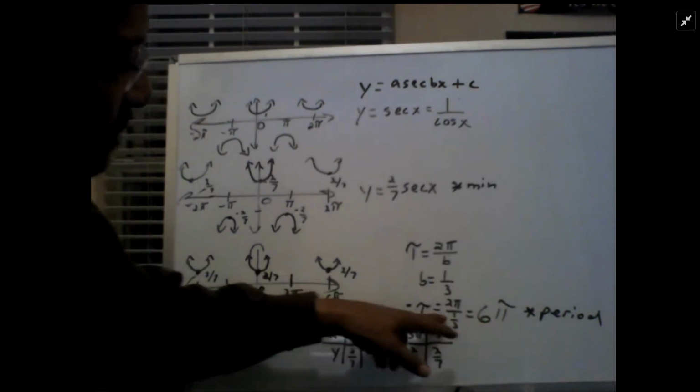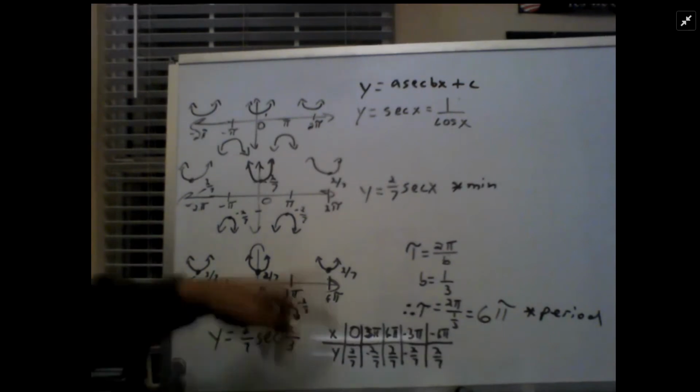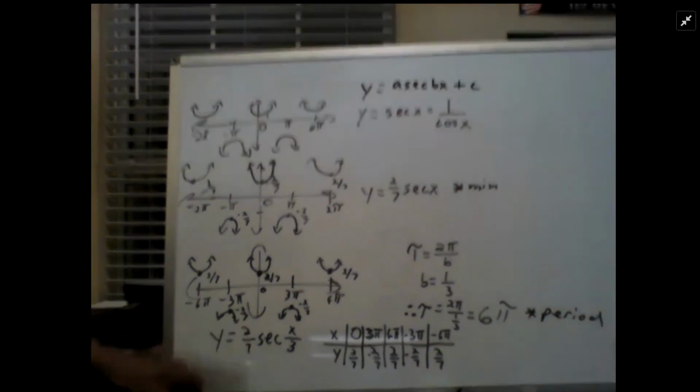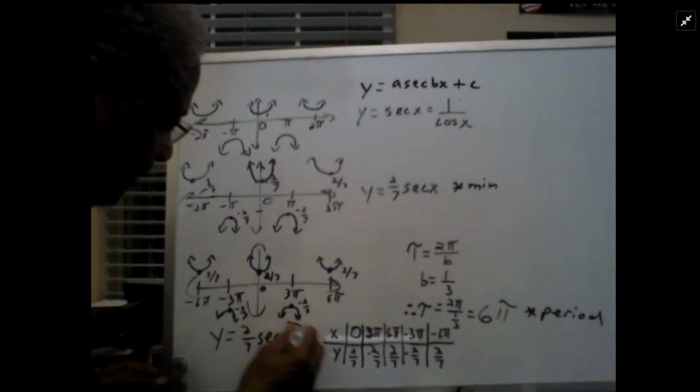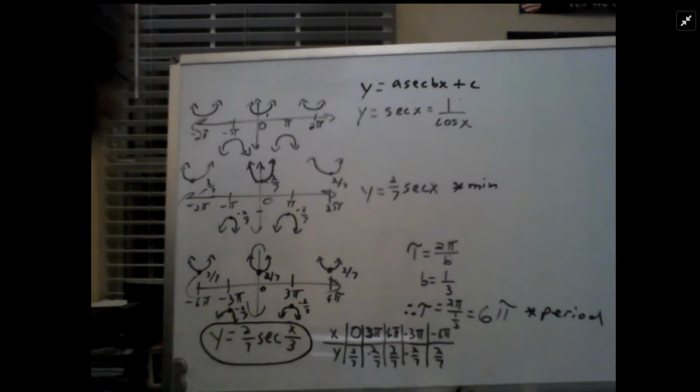So we're assuming that the b is 1/3. So now we have an equation that looks like y equals 2/7 secant x over 3. That accounts for the 1/3 x and the amplitude. So this is the final version of the equation.